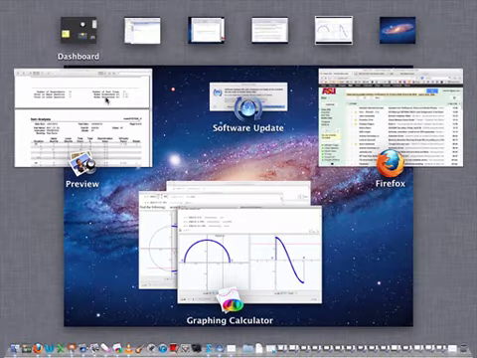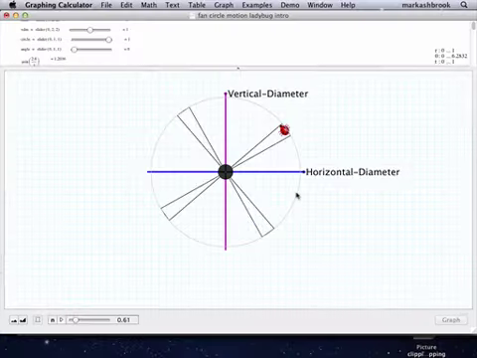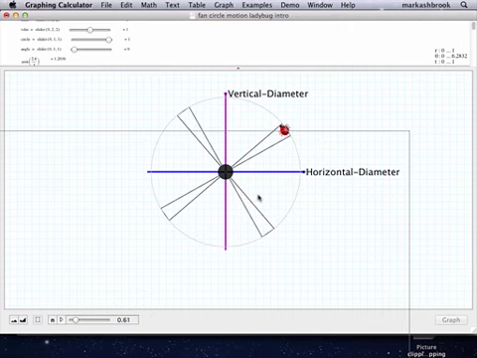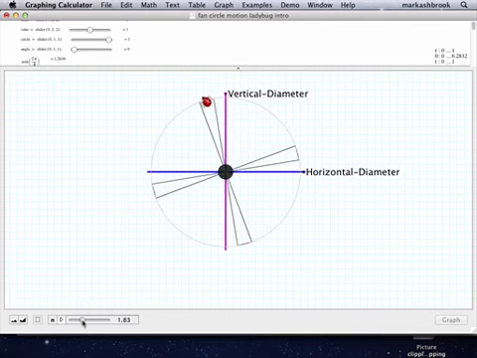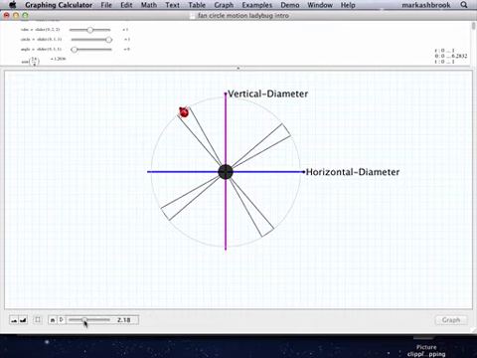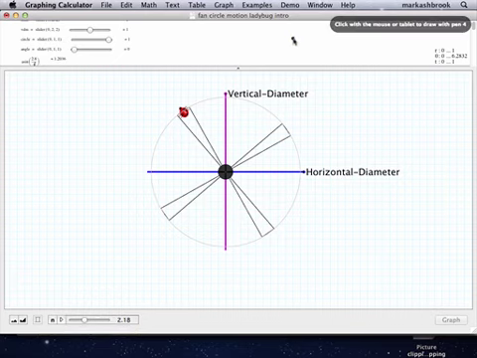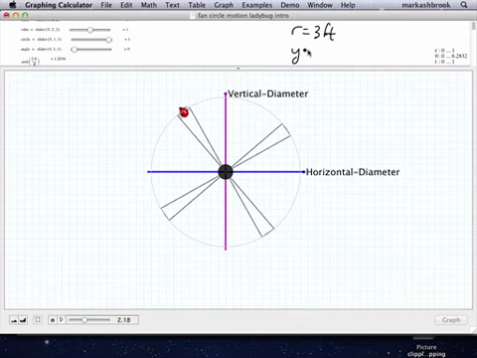Okay, so let's do another example, quickly. Let's talk about the bug. Say the radius of the fan is 3 feet, and currently the bug is 2.5 feet above the horizontal diameter.